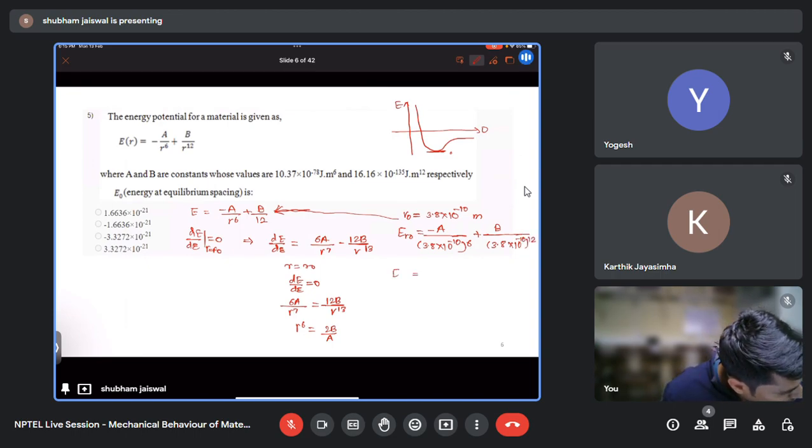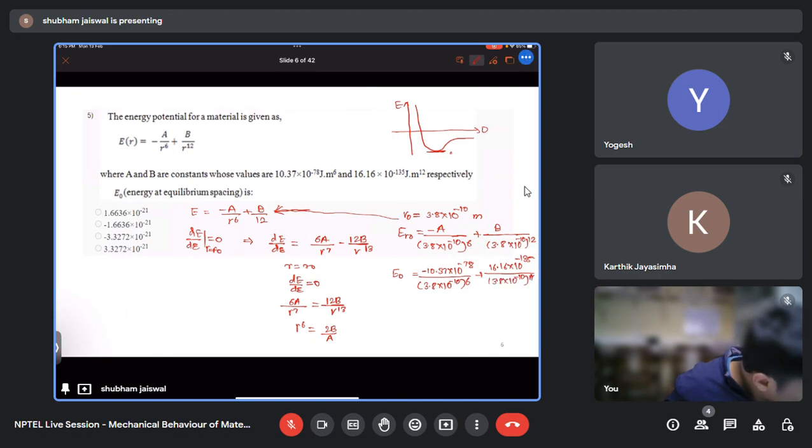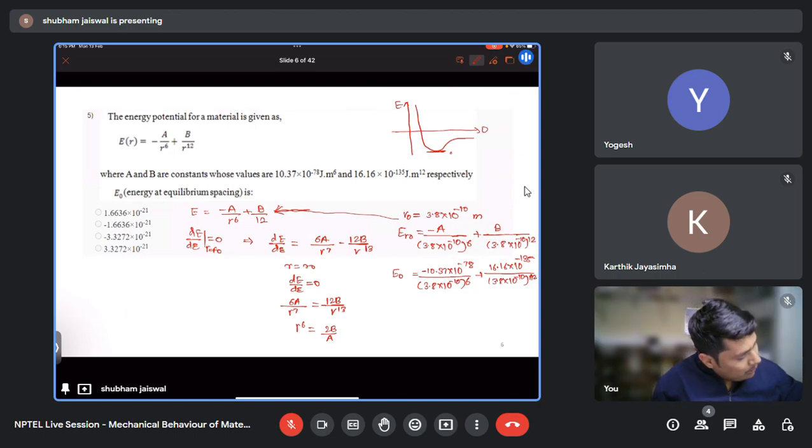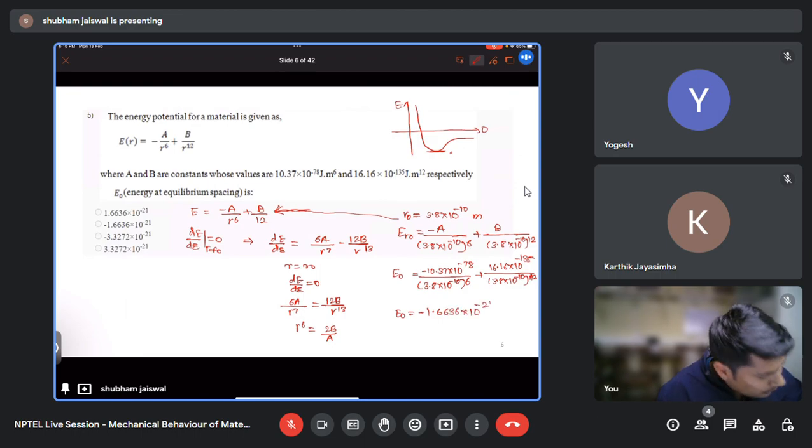If I put the values of A and B, that is, A is 10.37 into 10 to the power minus 78 and B is 16.16 into 10 to the power minus 135, I am getting E naught as minus 1.6636 into 10 to the power minus 21. So what will be the unit?